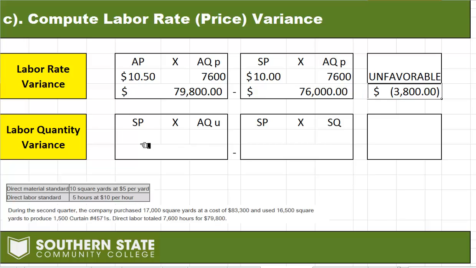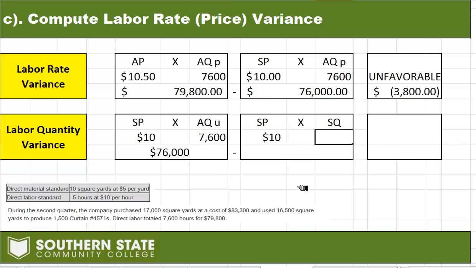The quantity variance: how much actual labor did we use quantity-wise? Standard price, we'll plug it in right from the top, $10. We're going to multiply that by the actual quantity that we used, 7,600. 10 times 7,600 gives me $76,000.